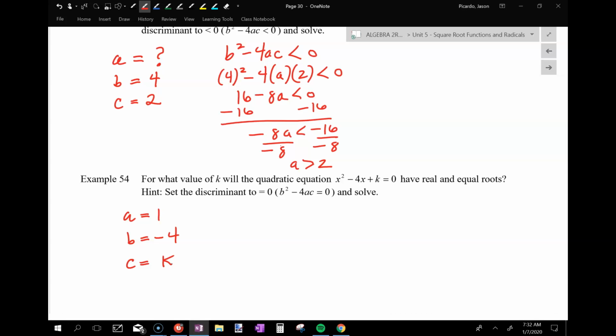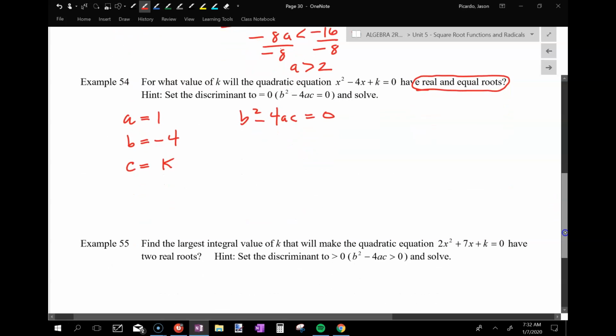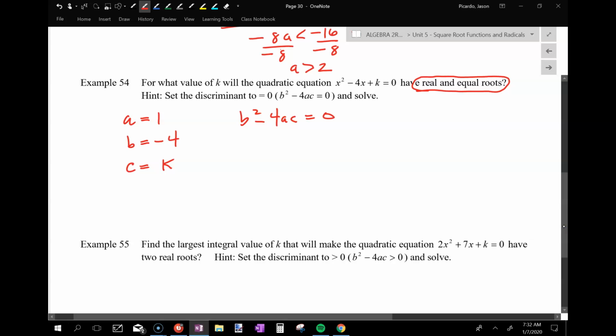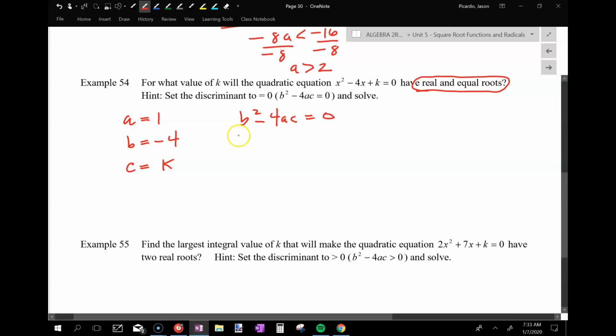And I want to make sure that when I set the discriminant, it needs to equal 0 so that I have real and equal roots. So this is where we got to be a little bit careful because my b value is -4, right?